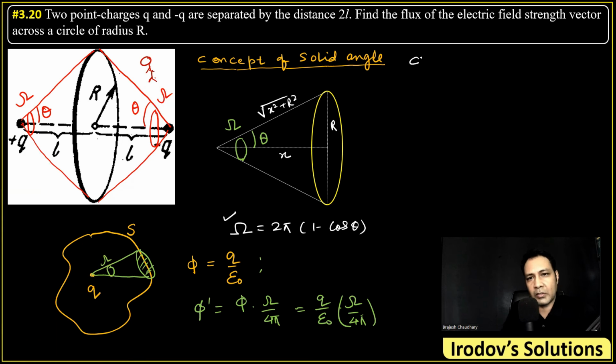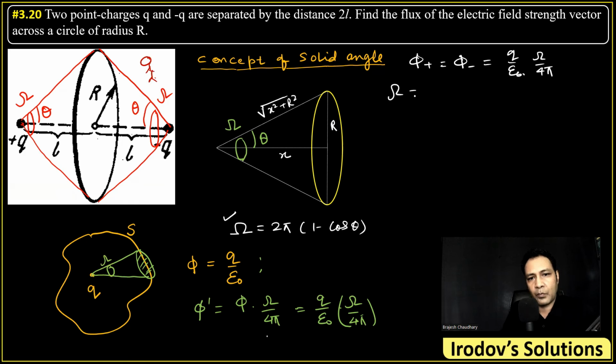The flux because of the positive charge and the flux because of the negative charge are both equal, as you can see from the problem, and that flux is equal to, from this formula, q upon epsilon naught omega divided by 4 pi. And how much is omega?